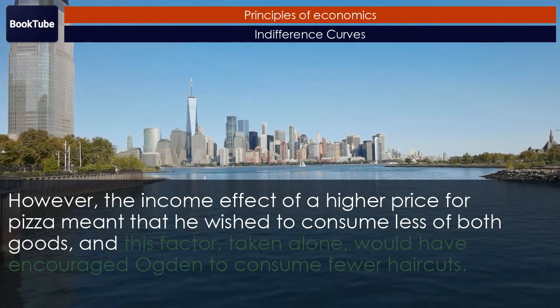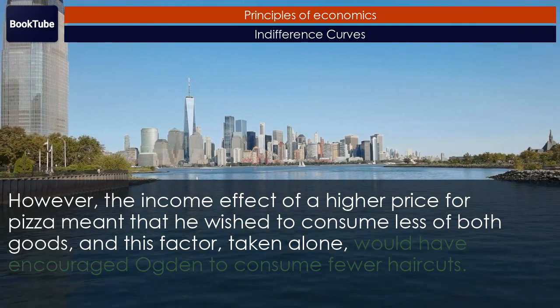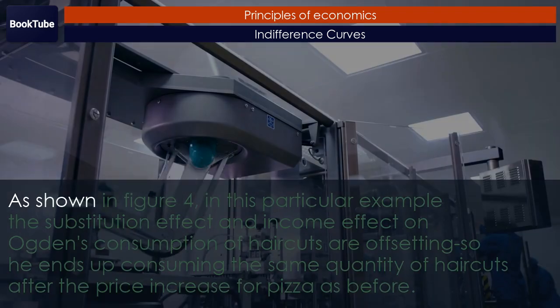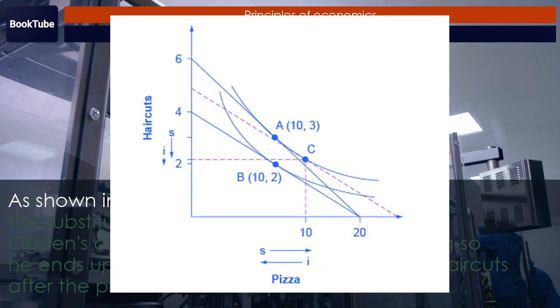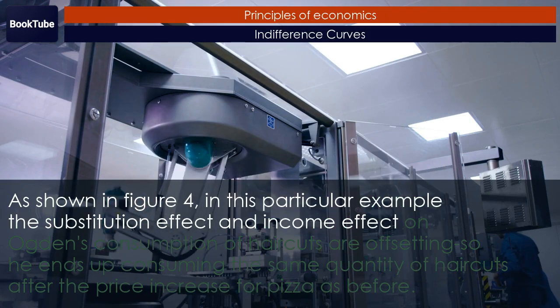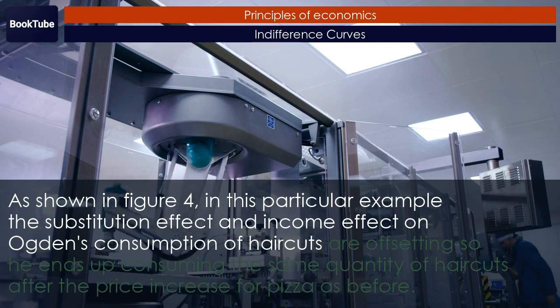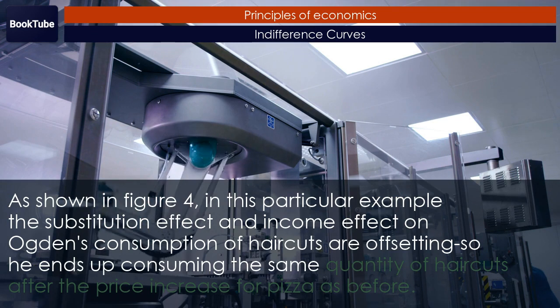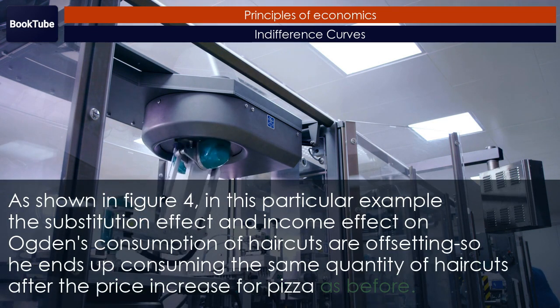And this factor, taken alone, would have encouraged Ogden to consume fewer haircuts, as shown in Figure 4. In this particular example, the substitution effect and income effect on Ogden's consumption of haircuts are offsetting, so he ends up consuming the same quantity of haircuts after the price increase for pizza as before.